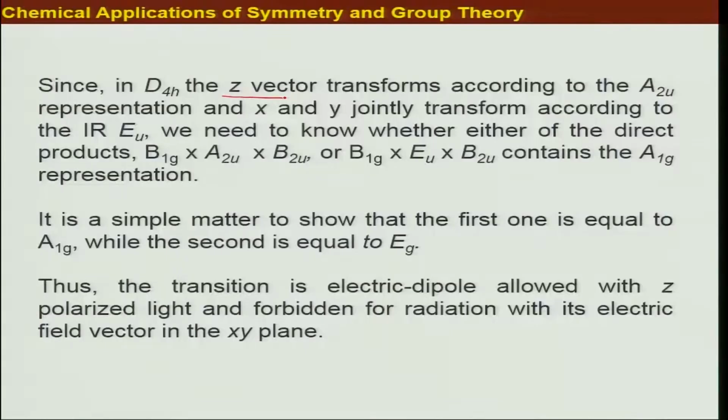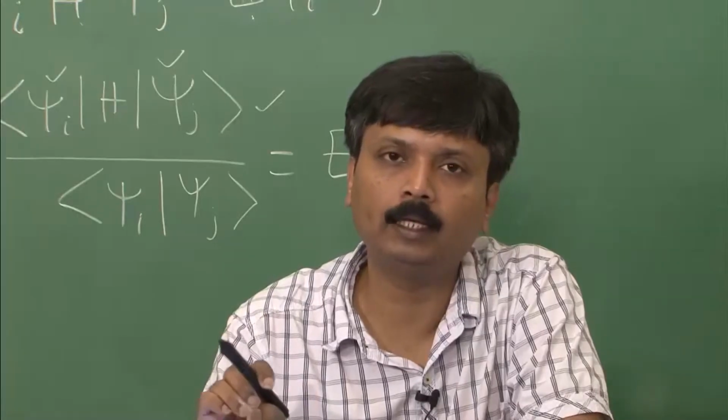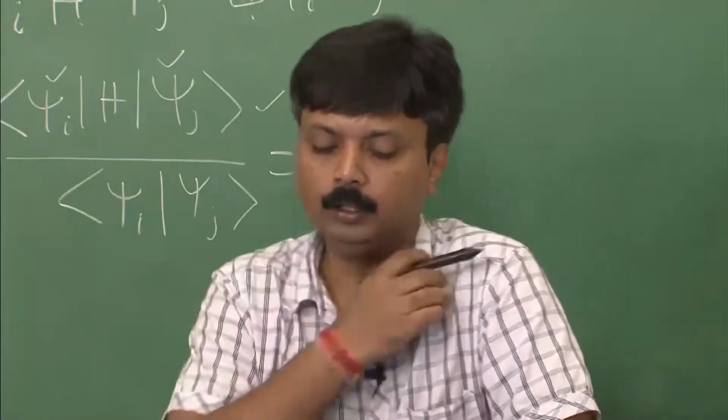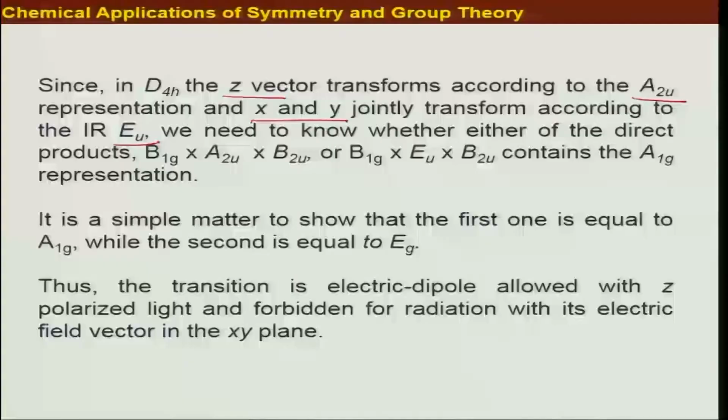We have already found that the z vector transforms as A2u, and x and y together transform according to Eu. So, we have to replace delta and delta star by their respective irreducible representations, and also replace x, y and z by their respective irreducible representations.